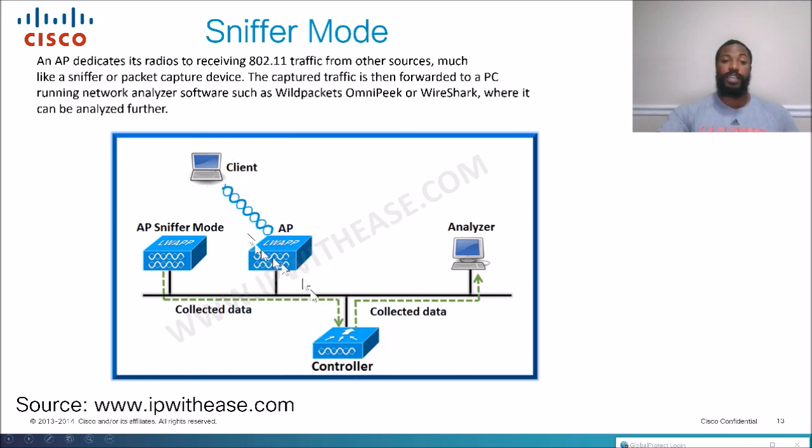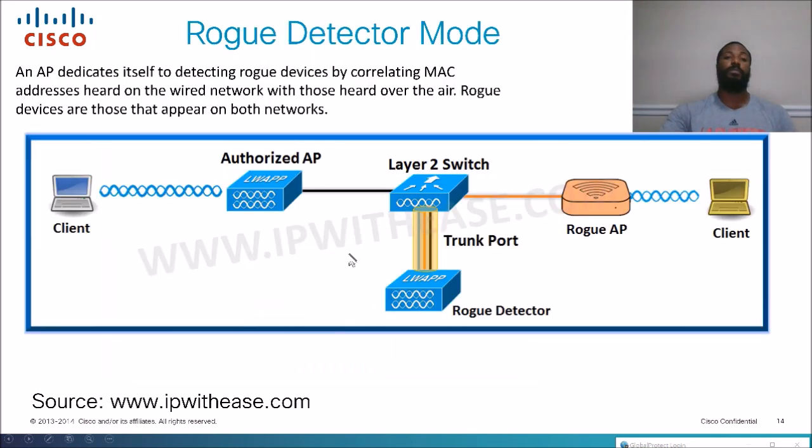And then he sends it over to the analyzer, which is sitting right here. An AP in sniffer mode does that. You can use a network analyzer such as WildPackets OmniPeek, or I believe MetaGeek that we were using in another video, or Wireshark, where it can be analyzed further. So you can look at the traffic and see what's going on. Basically used for troubleshooting purposes.